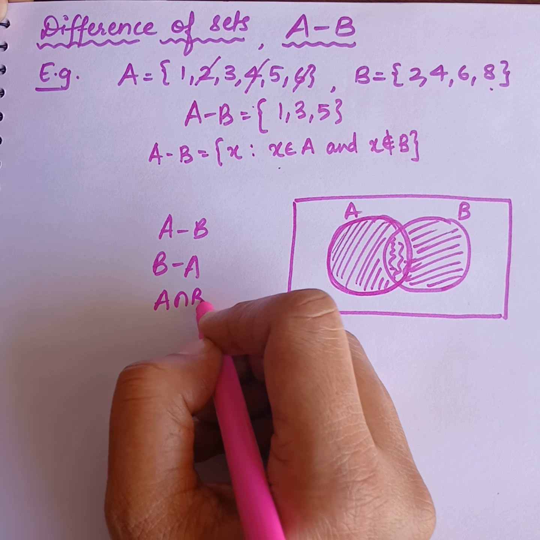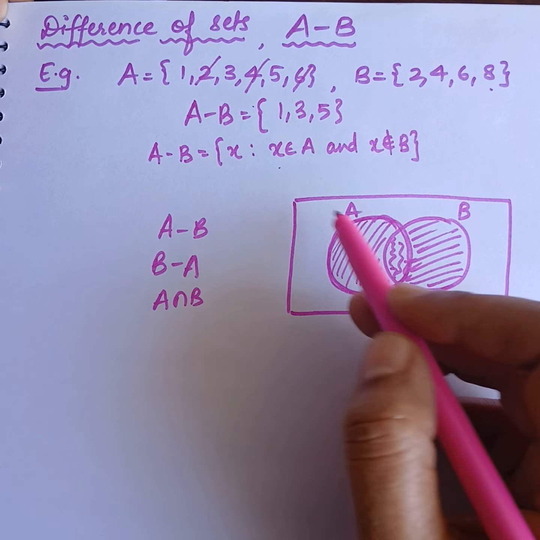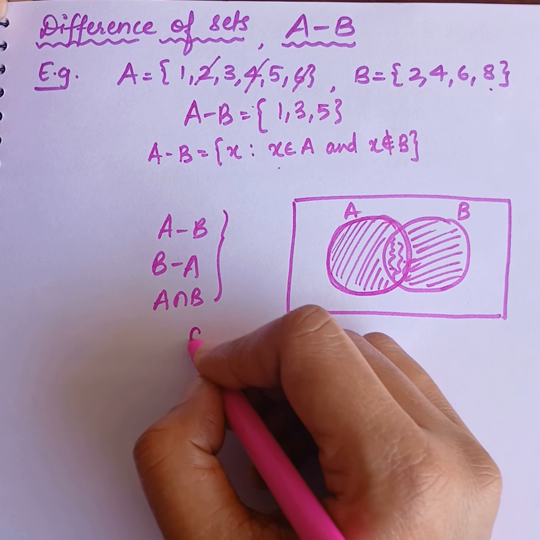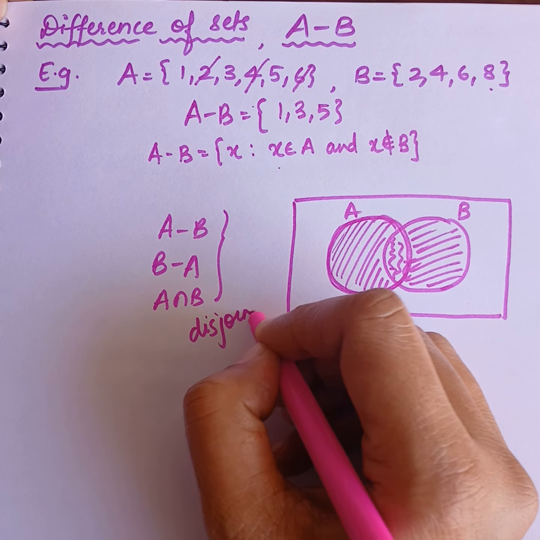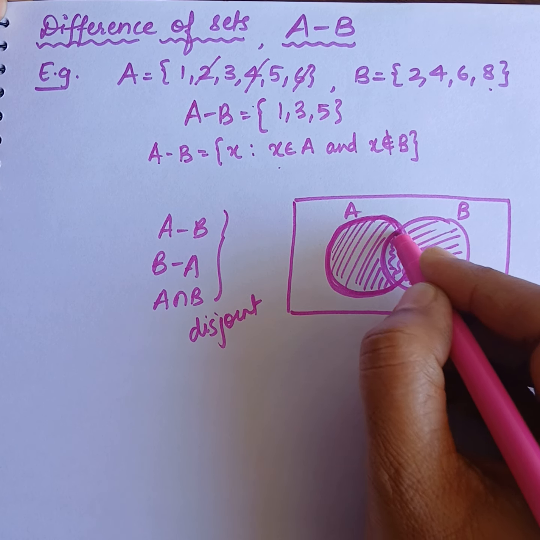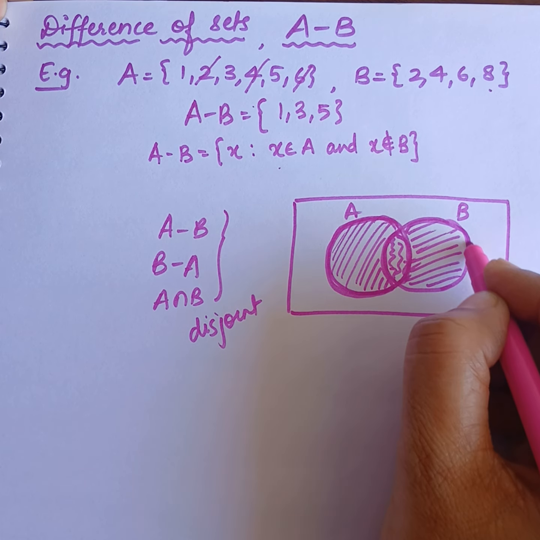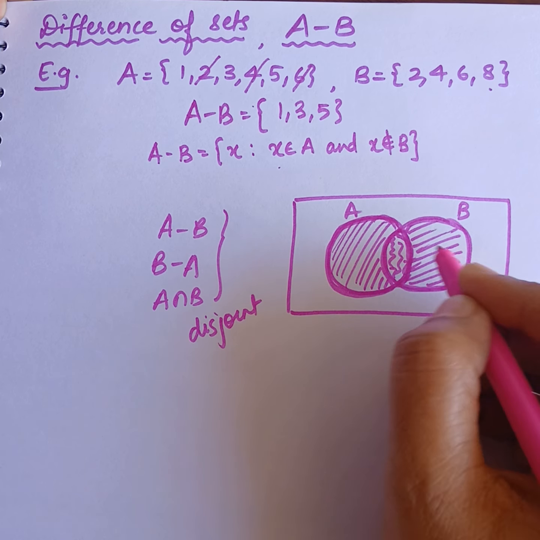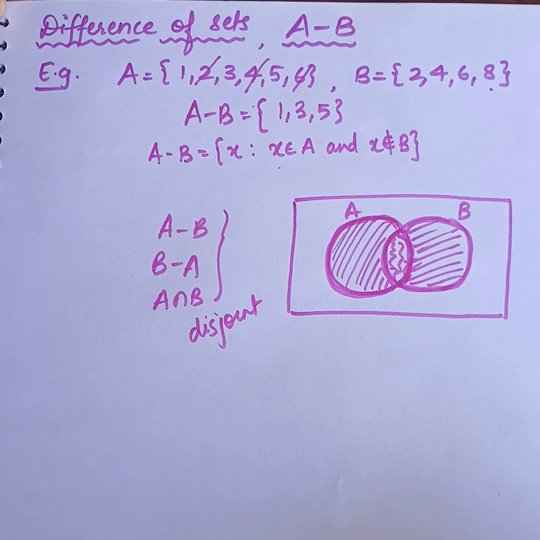So we can see that all these three are mutually disjoint. All these three sets are disjoint sets, because there is nothing common in this set, this set and this set. So these three are mutually disjoint.